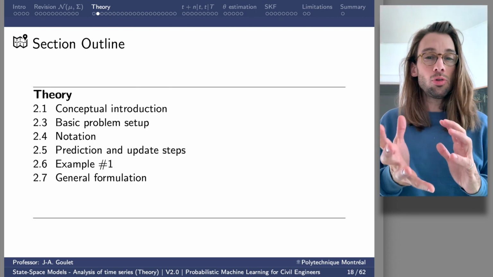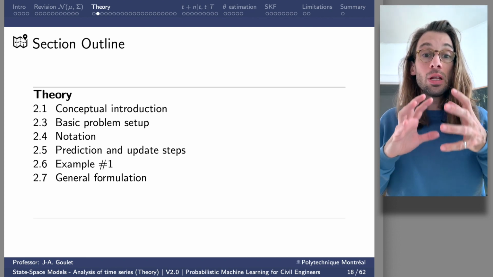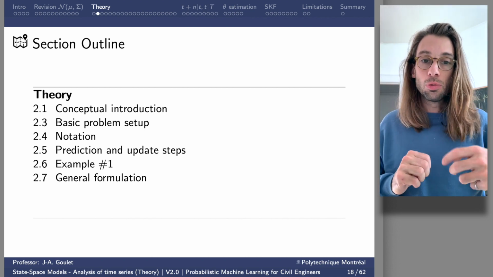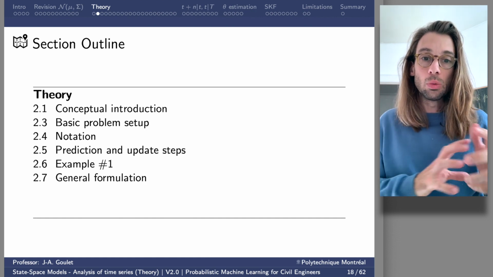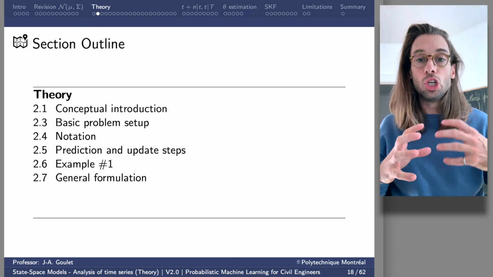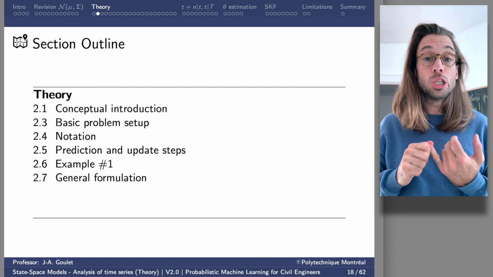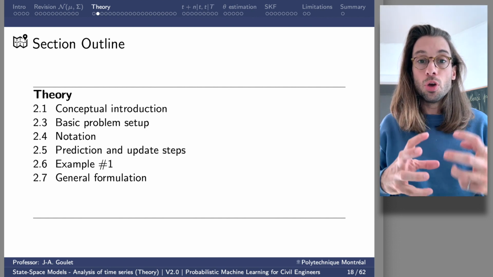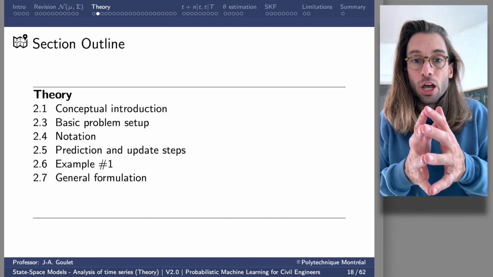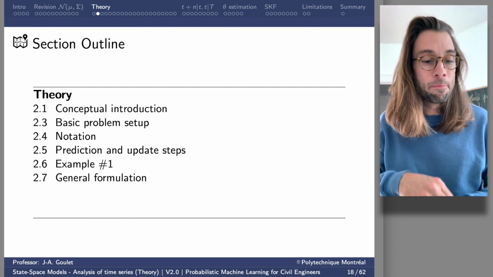Okay, so we're going to look in more detail. Now we saw this conceptually. How can we put mathematics on these concepts so that we can start analyzing data? First, we're going to look at a conceptual introduction. This is a little more technical than what we've seen here. Then we're going to look at what is the basic problem setup to build a time series model. We're going to look at what is the special notation we need to introduce in order to really build on the concept we're seeing here and to develop the full equation with a tractable mathematical notation.